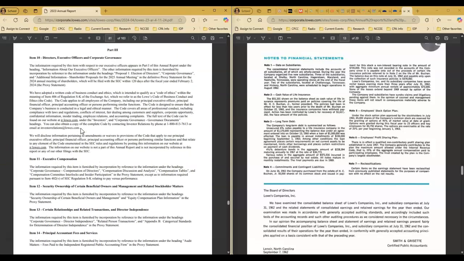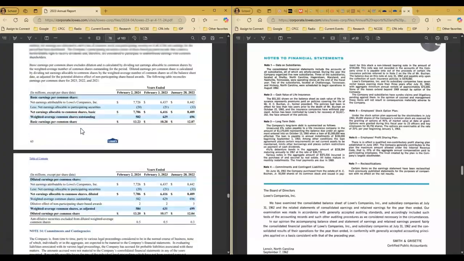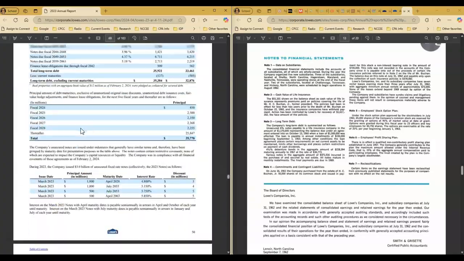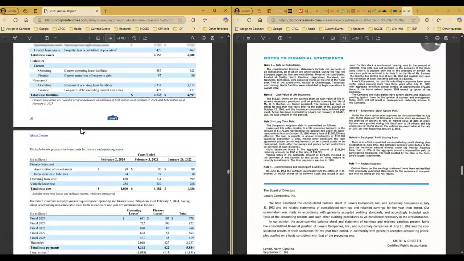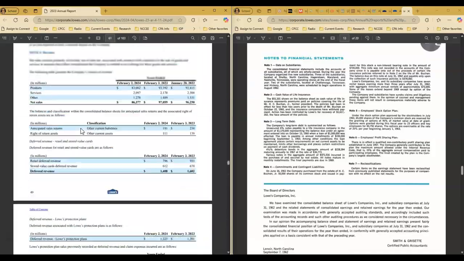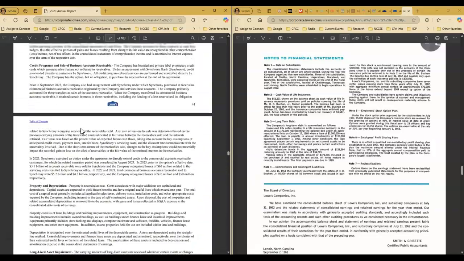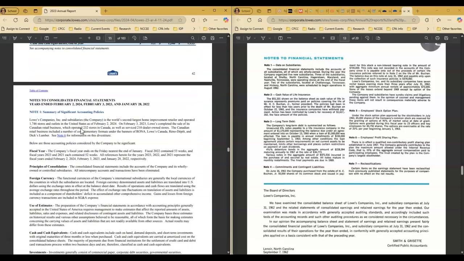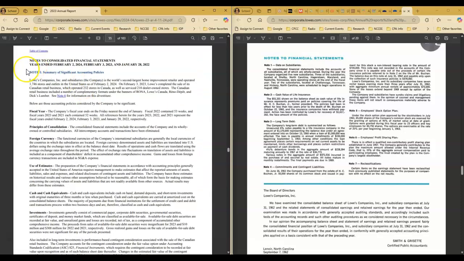Okay? So a couple of things that I just want to point out. One significant thing that I want to point out is this. That first note to the financial statement, notice that in 2023 it says notes to consolidated financial statements years ended February 2024, 23, and 22.